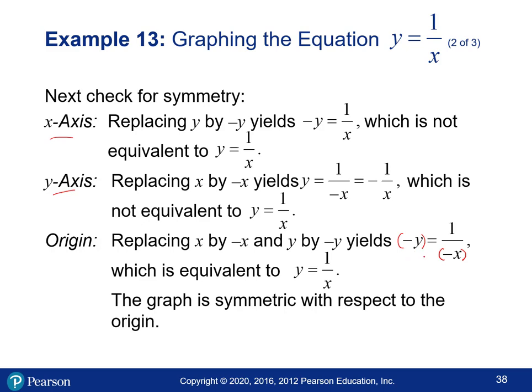I'll do it off to the side just to make it clear. We just plugged in negative x and negative y. If you simplify this, you get positive y on the left, and then the negatives divide out on the right, so 1 over x on the right, which is the original.